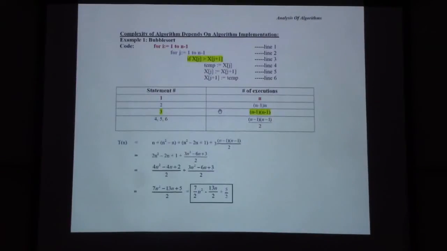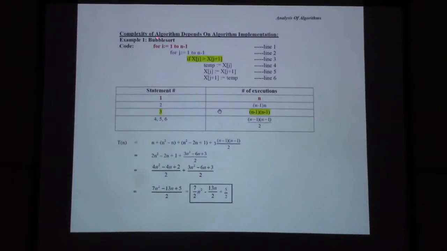So what I've done is I've basically labeled the statements here. Statement number 1, we execute a total of n times. That means we run it a total of n times. So the loop says that I should go from 1 to n minus 1.